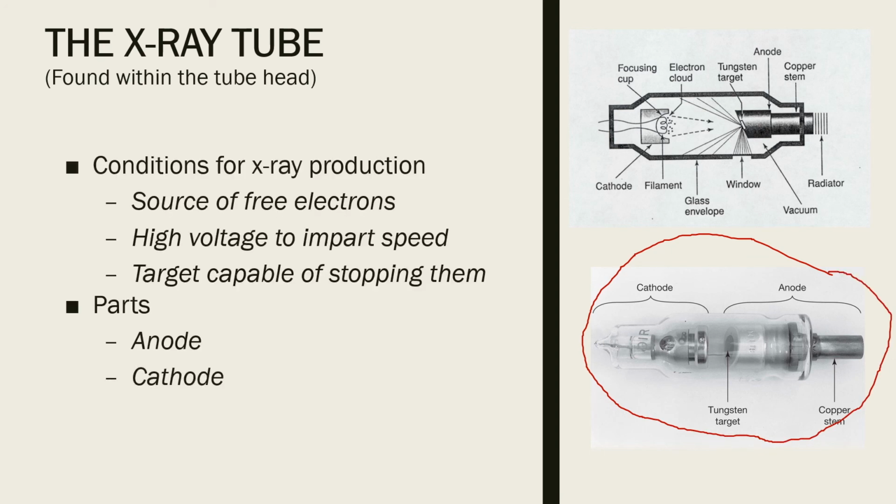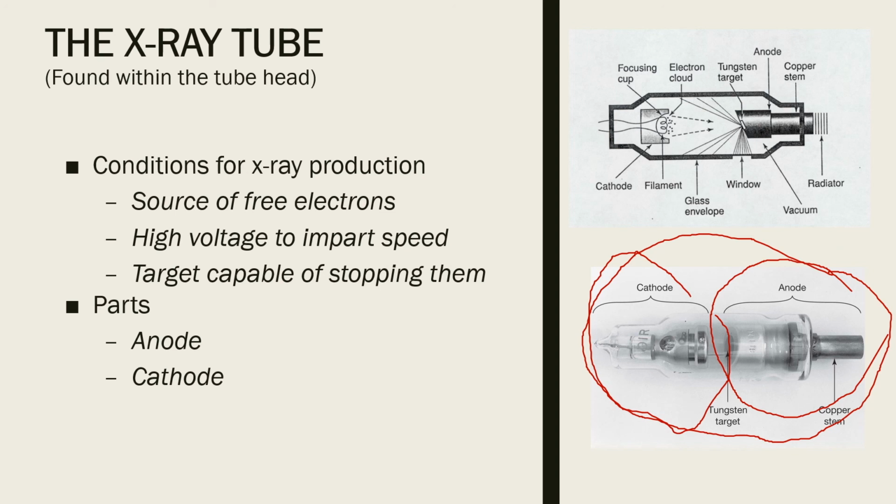A typical X-ray tube consists of a tungsten target called the anode, which is the positive side, and the filament or the cathode, which is the negative end.